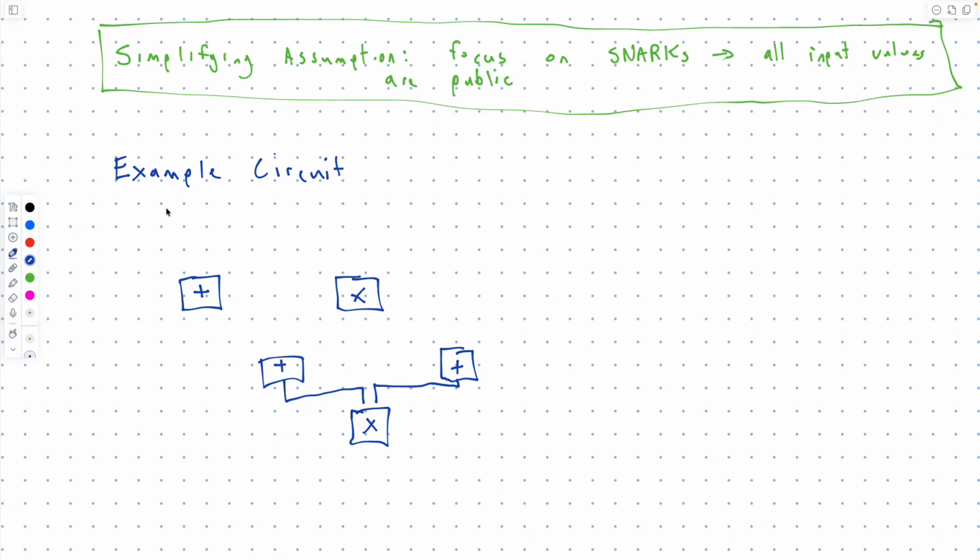Okay, I'm going to define 3 inputs. I'm going to give them actual concrete numbers.